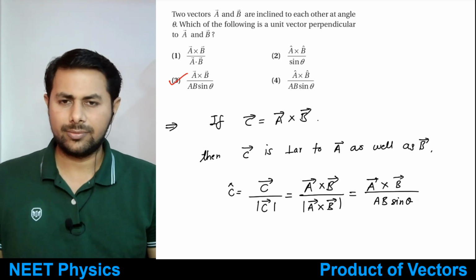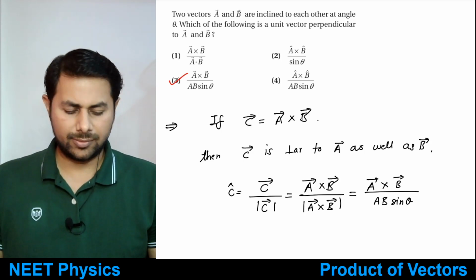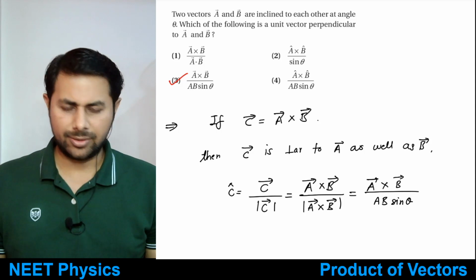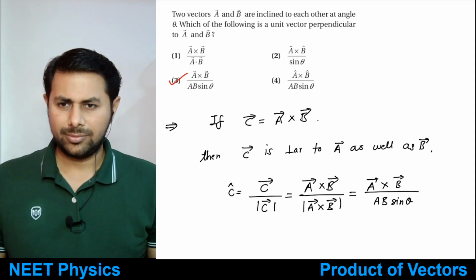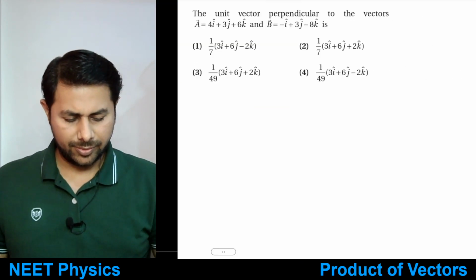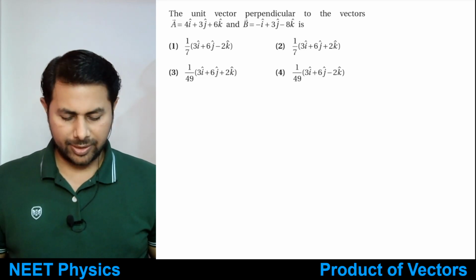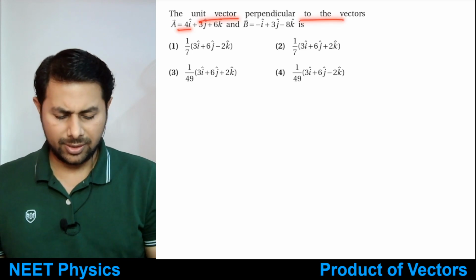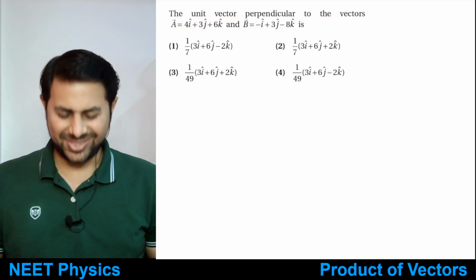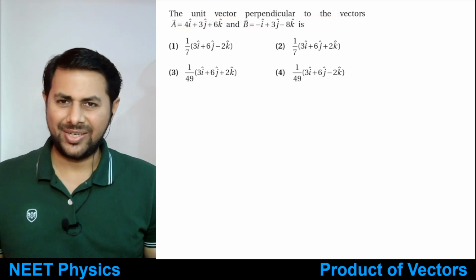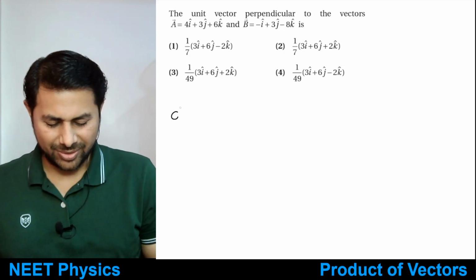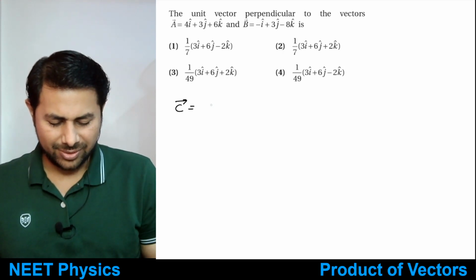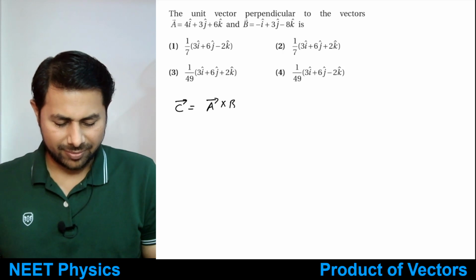Okay, this is clear? Yes, no? All right, good. Let's see the next one. The unit vector perpendicular to vectors, this one and this one, is. So how do we find it? First of all, we need to find, let's say C bar is equal to A bar cross B bar.